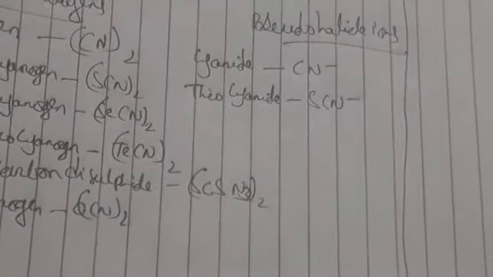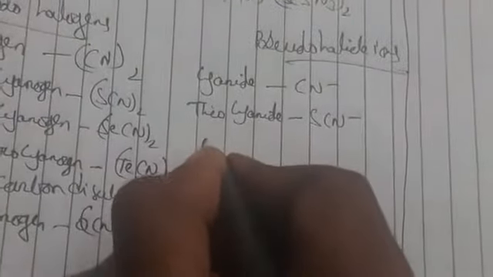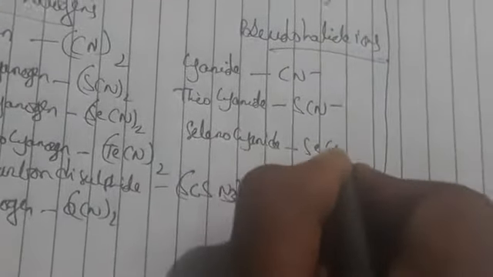Coming to pseudohalides, pseudohalide ions are univalent ions. The names we get: cyanide, CN minus. Thiocyanide, SCN minus. Selenocyanide, SeCN minus.